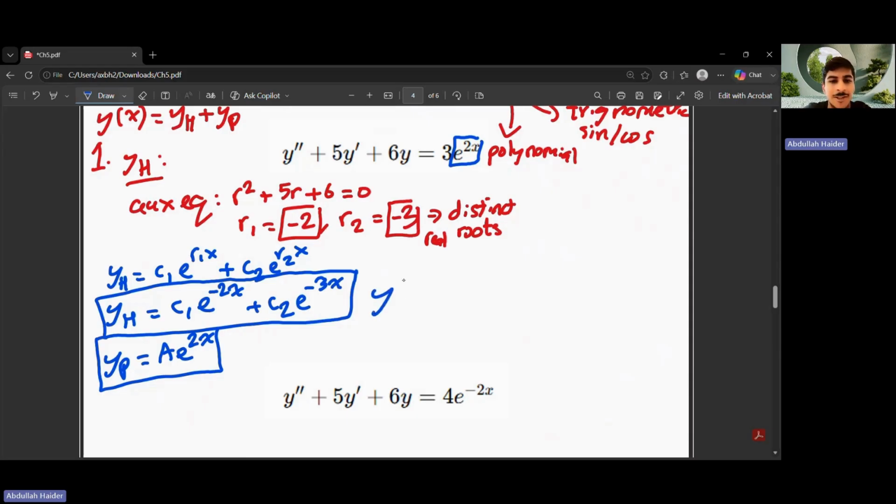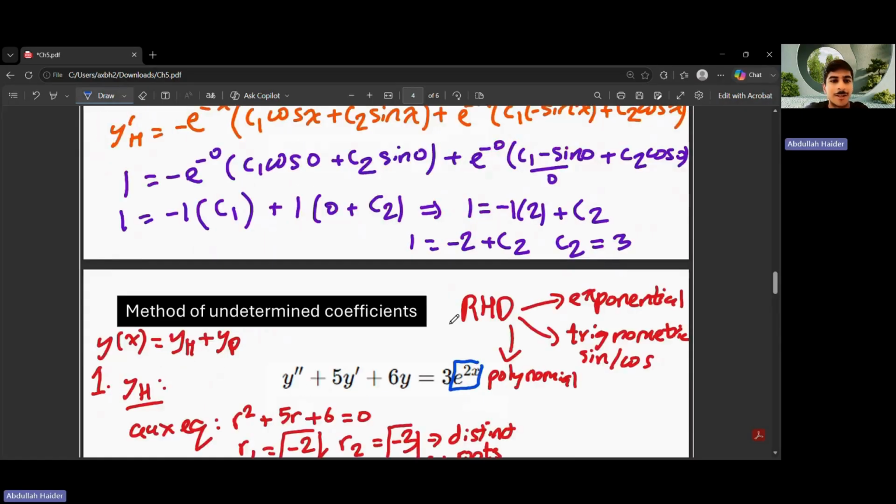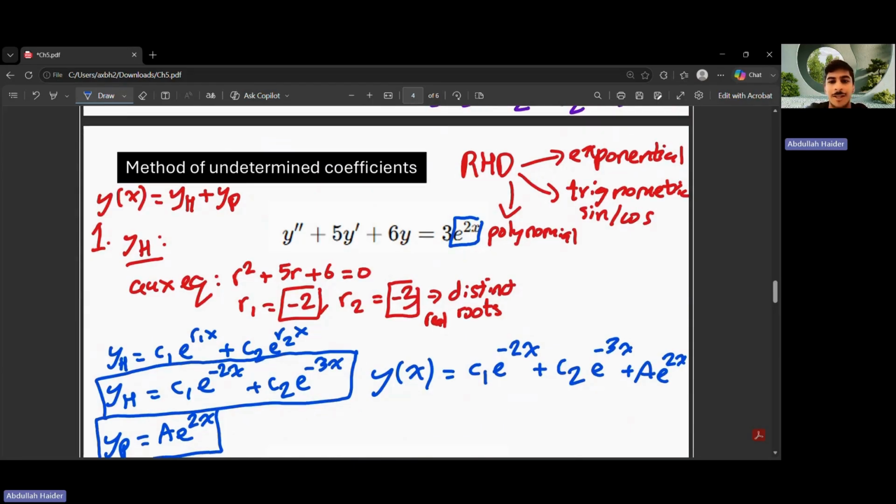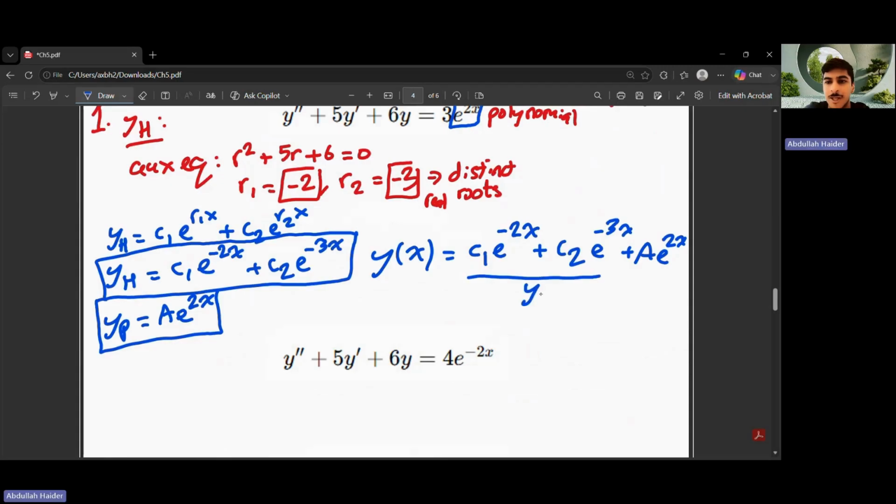So our final solution to this problem is going to be c1 e power -2x plus c2 e power -3x plus a e power 2x. As I said before, for the method of undetermined coefficients, your final answer y of x is going to be yh plus yp. This was the yh part, and this is the yp part.